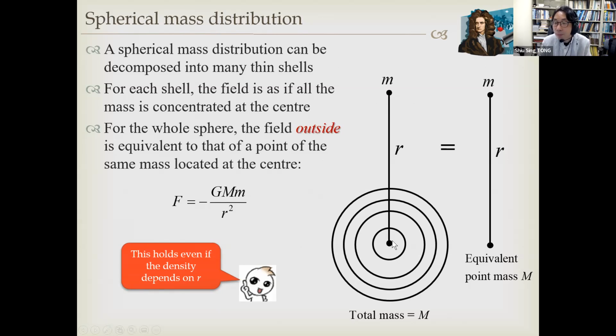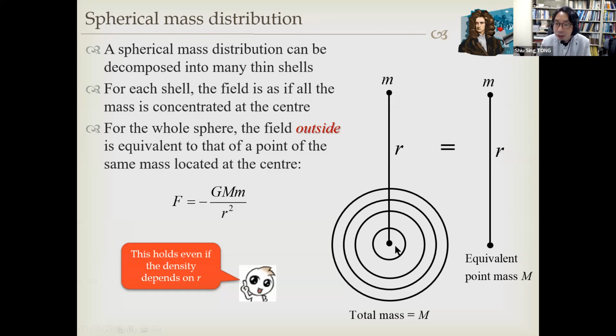So if I form a sum of all the forces between the shells and the mass, I will get an expression that is exactly GMm over r squared. And that is Newton's result. Newton found that for a spherically symmetric mass distribution, the force between the point mass and that distribution is exactly GMm over r squared, as long as r is taken as the distance between the center and the point mass outside.